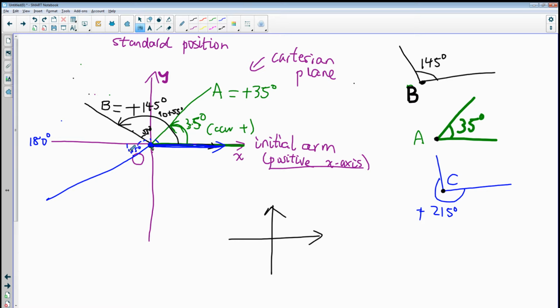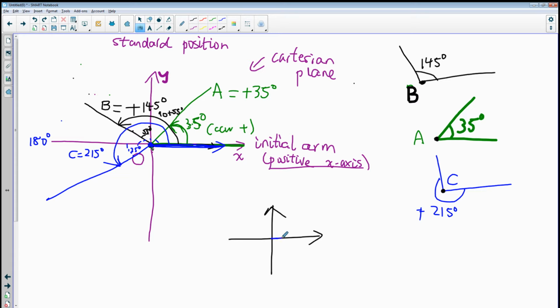So remember, I wrote this down for reference, but the actual angle is a big one all the way around. Don't forget the arrow to indicate the direction, the positive direction. This is C equal to what? 180 plus 35, 215 degrees. It's hard to see, so I drew a smaller version on the side.